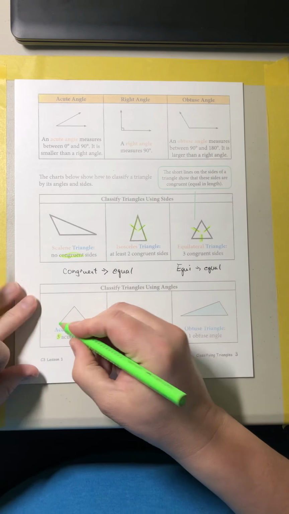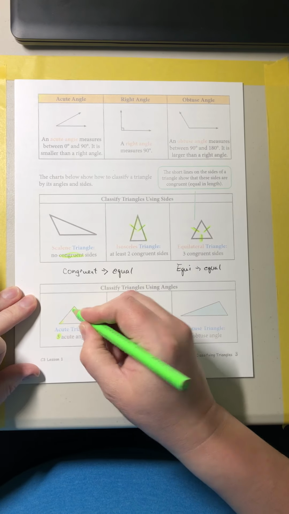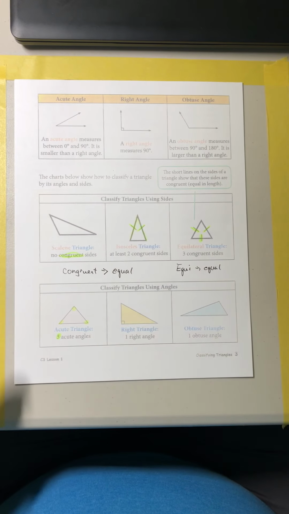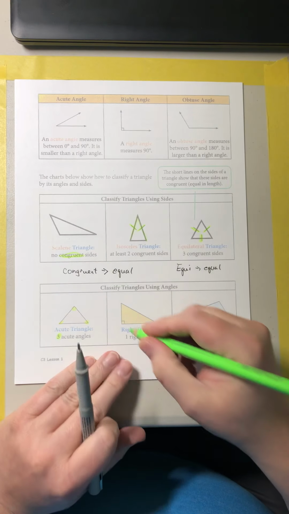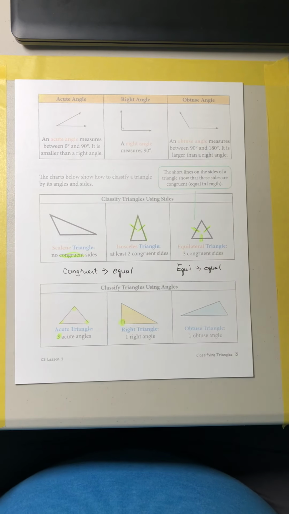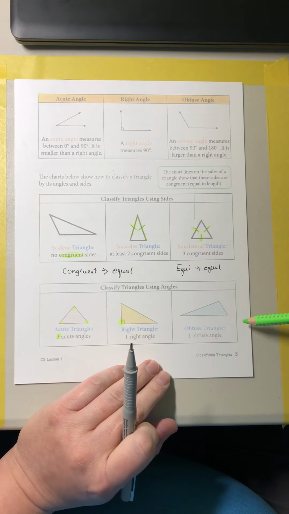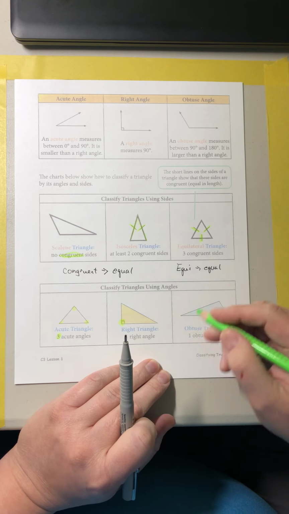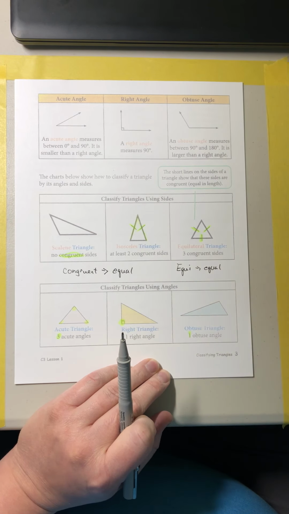When we're looking at a triangle, an acute triangle has all 3 of its inside angles acute. A right triangle, super easy. Look for that square box there. It's got a right angle, so we call it a right triangle. And with an obtuse triangle, one of the angles is obtuse.